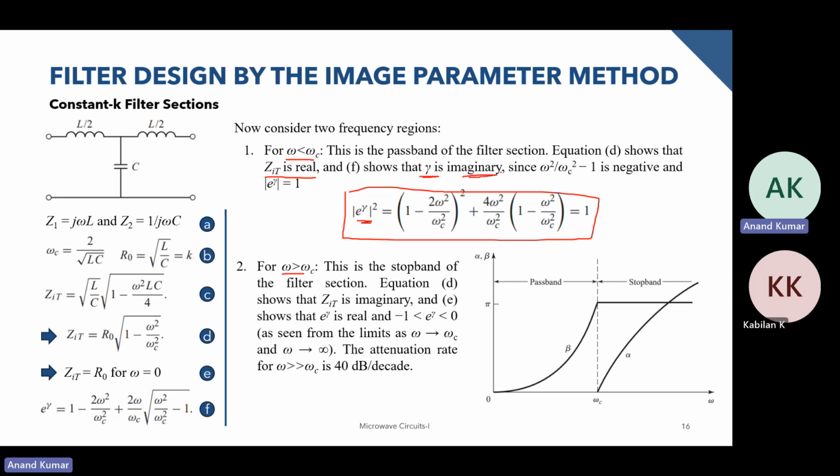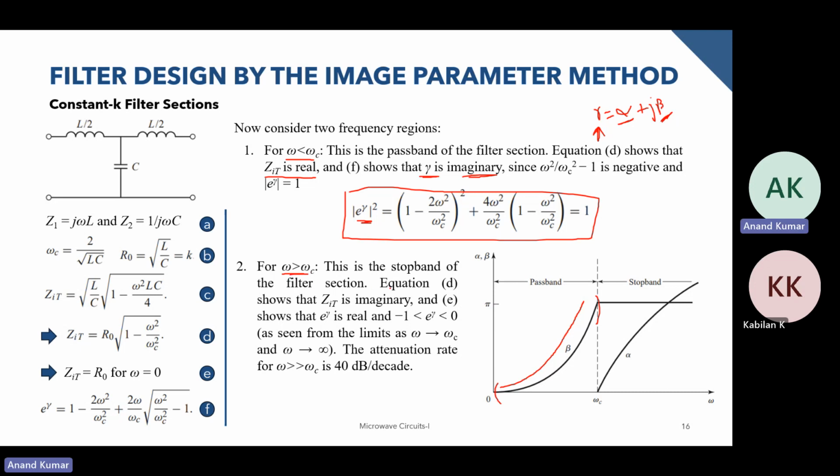So since gamma is imaginary, we will see propagation, and we can plot beta over here. So gamma is equal to alpha plus j beta, right? So if this particular term is imaginary, alpha becomes zero, and we have just beta over here. And if we plot this against the frequency, we see beta like this. This is the plot for beta.